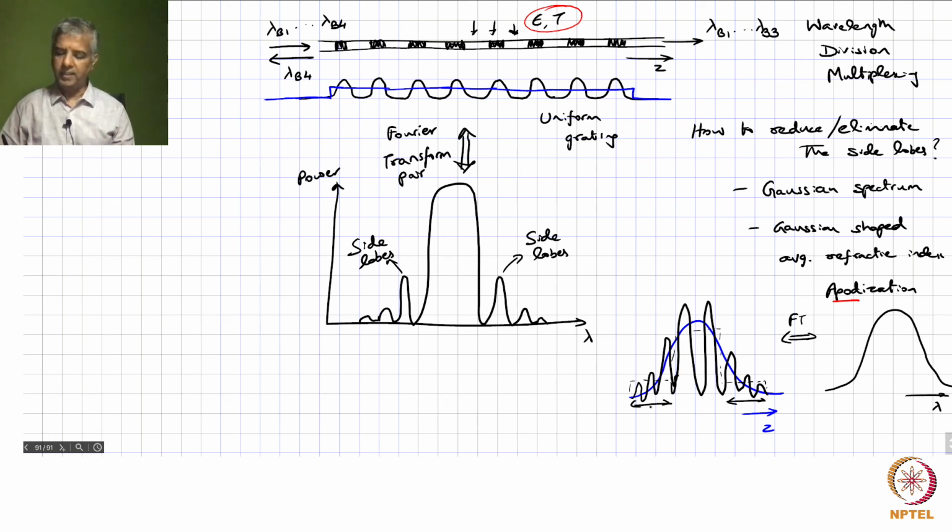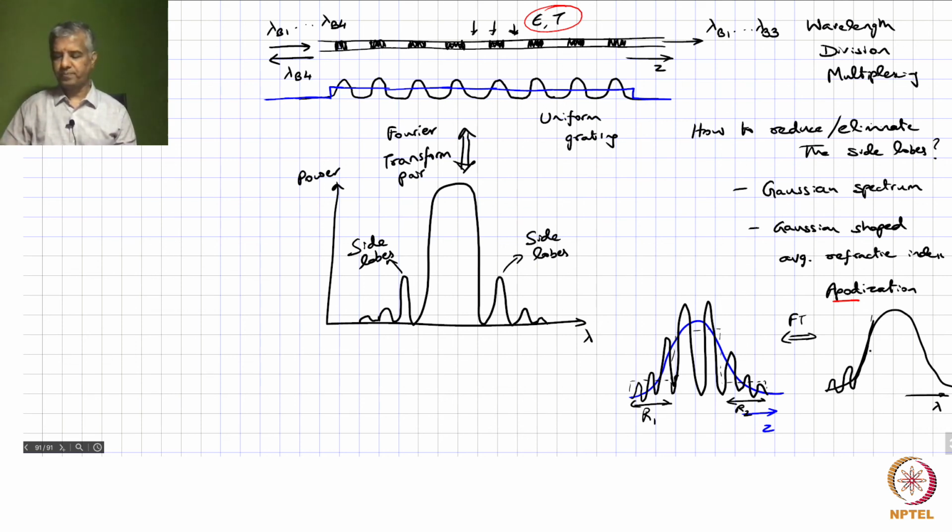Okay. And so these we consider as R1 and R2, and it looks like a Fabry-Perot cavity. So, in reality what we will have is these small peaks over here on the lower wavelength side, because these correspond to lower average refractive index compared to these regions.